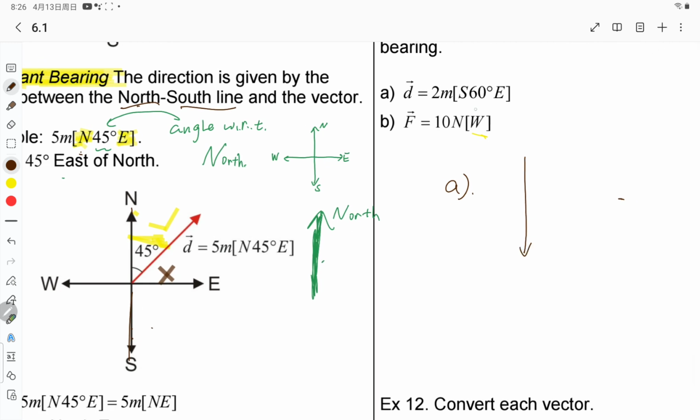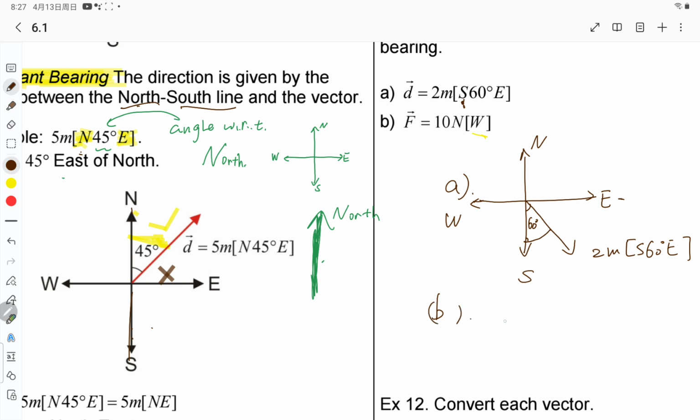So we're starting from the south, given direction. So first the symbol S, and then east. No, north, west. Yeah, we start from the south and then go east. Okay, and then 60 degrees. Right, so 2 meters south 60 east.